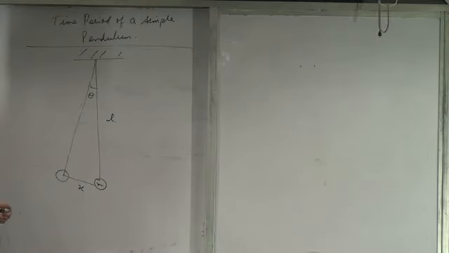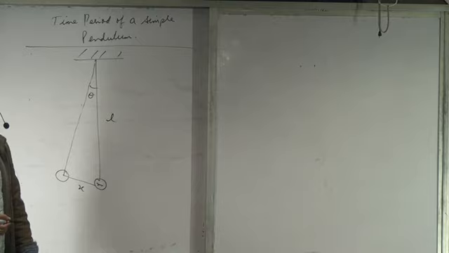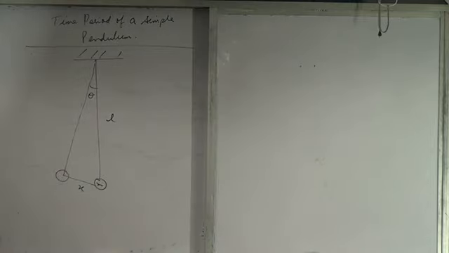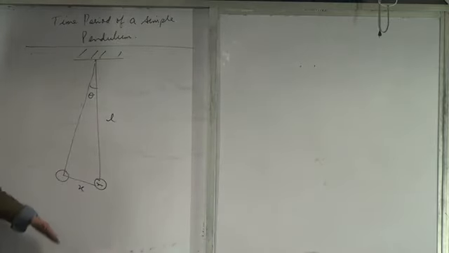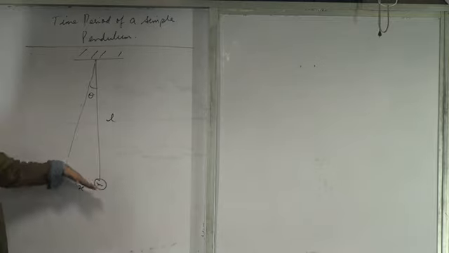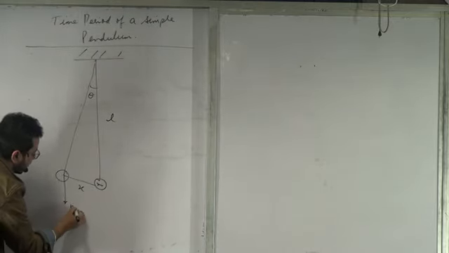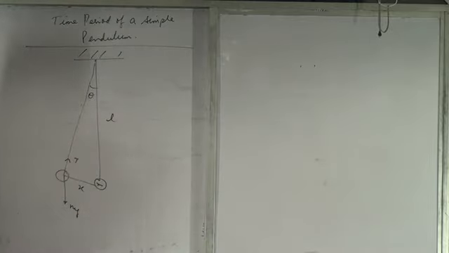Now at this position we need to find out the net restoring force. Restoring force means the force which is going to take it in this direction. Is that correct? Okay, so what are the forces acting? mg, tension. If this angle is theta, this angle will also be theta.